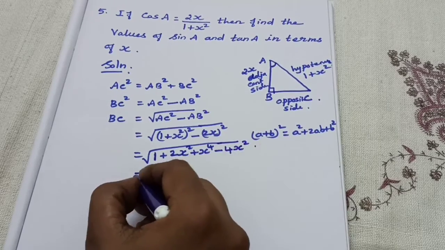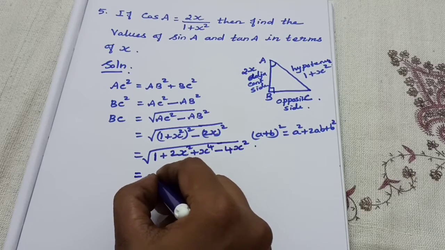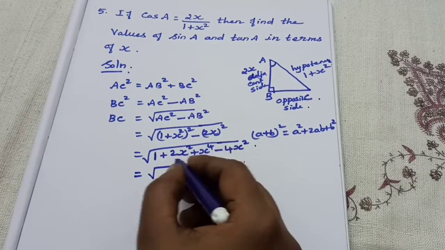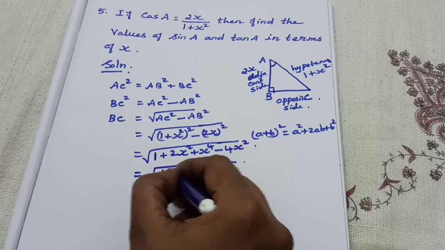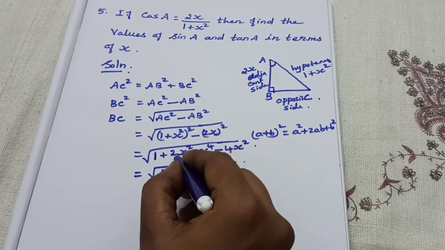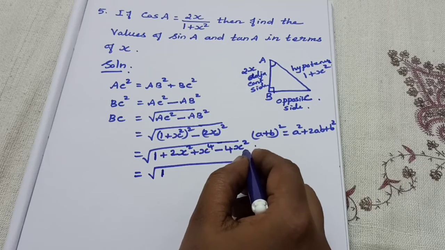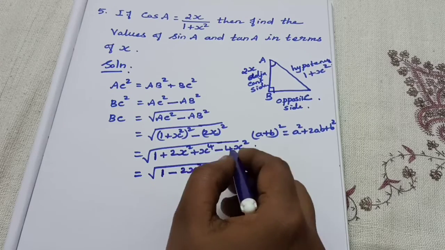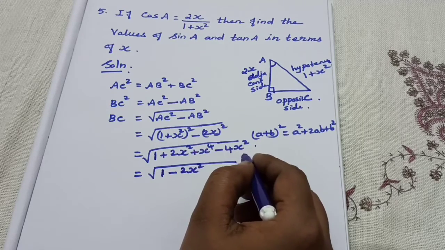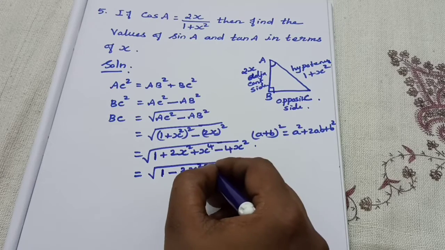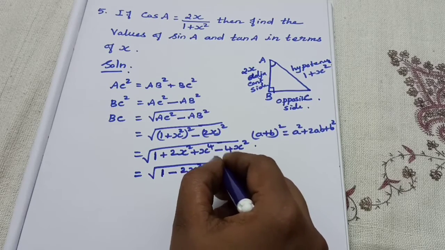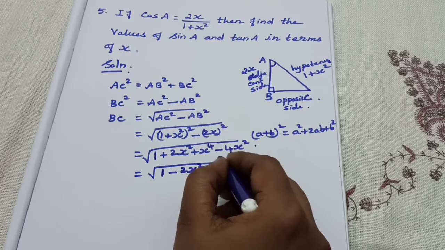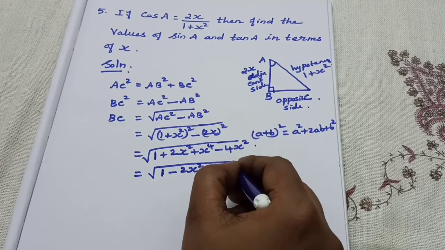So this equals the square root of 1, then 2x square minus 4x square is minus 2x square, big number minus small number, big number sign, then plus x power 4. X power 4 we can write as x square the whole square.